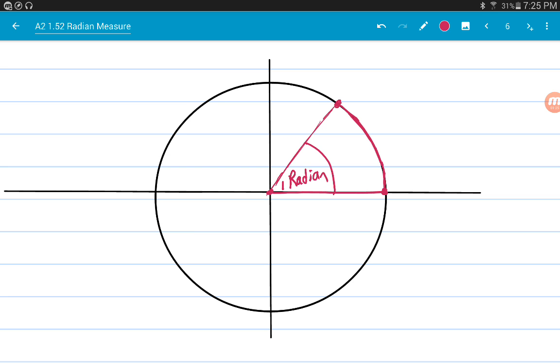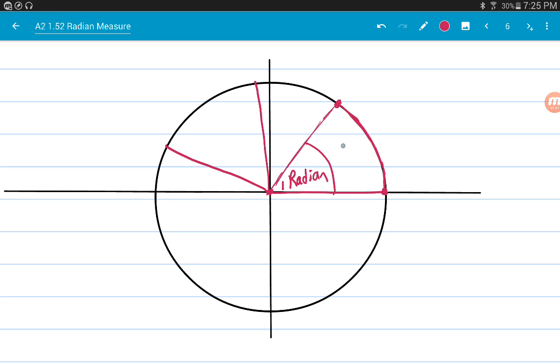Now, there are 1, 2, I'm drawing these all approximately, 3, and some change, right? So this is like some little leftovers here. This is our change. So there are 3 radians in the top, plus a little bit left over.